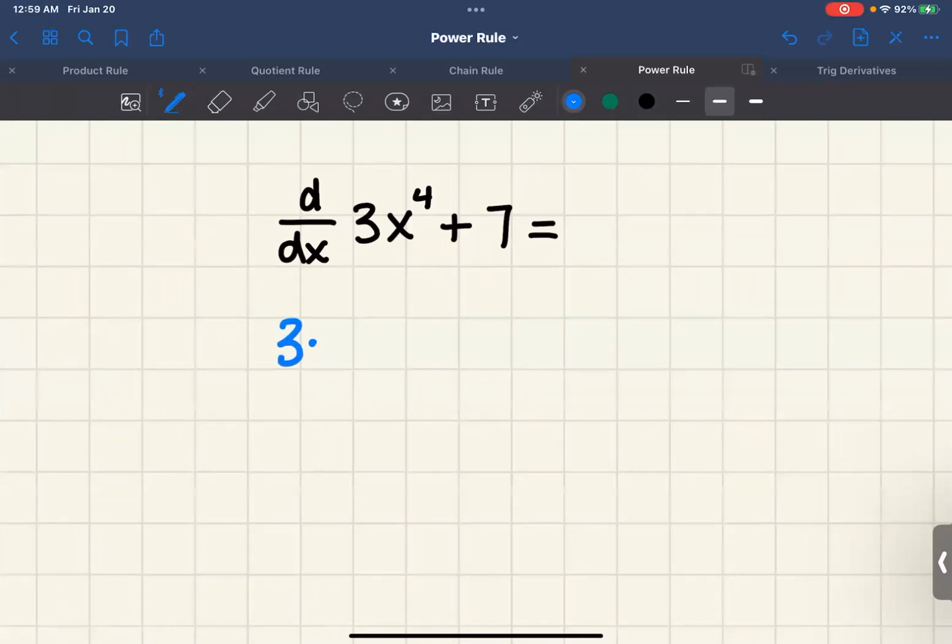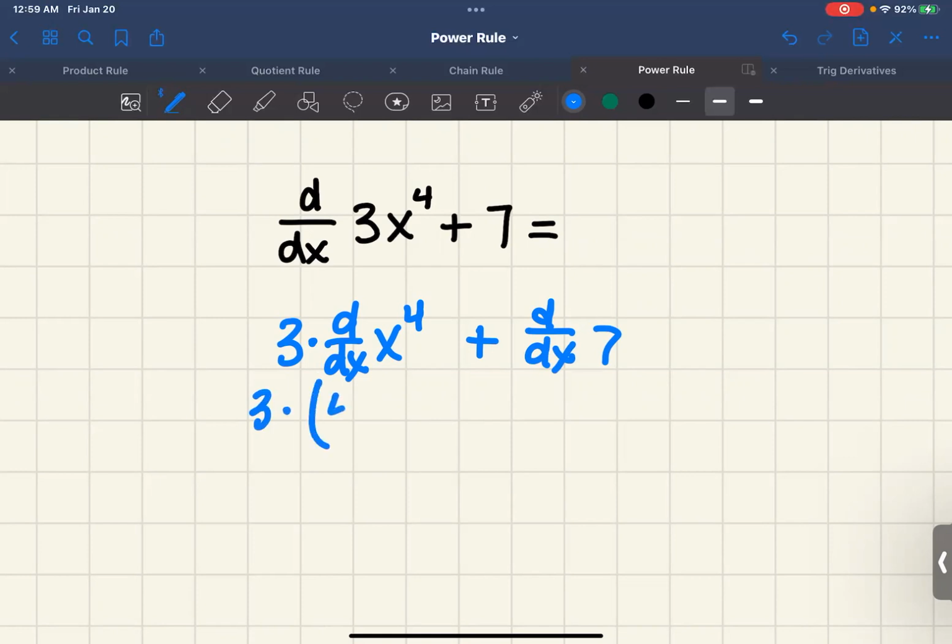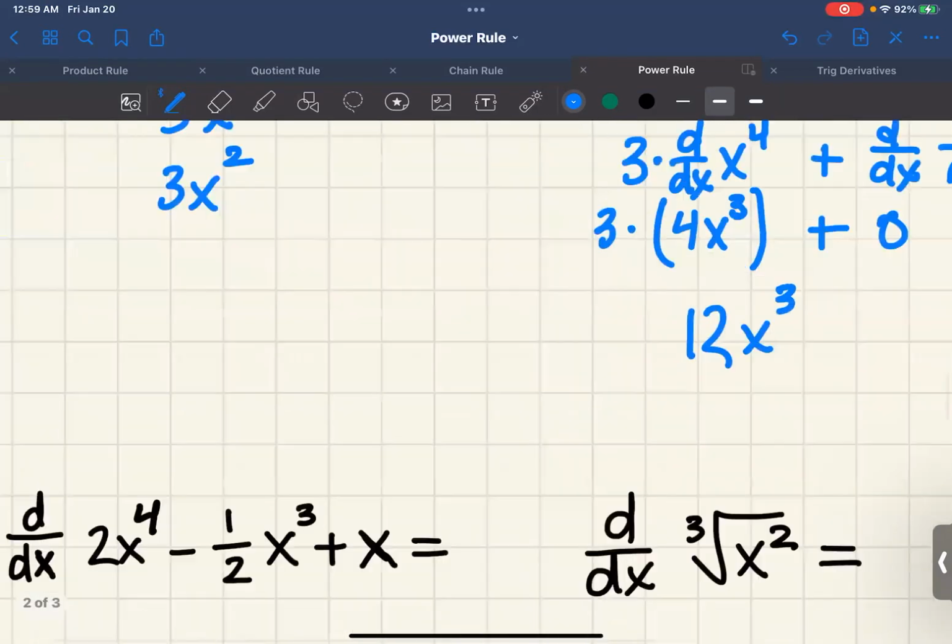So we can do 3 times the derivative of x to the fourth plus the derivative of 7. So we have 3 times the derivative of x to the fourth is going to be, bring the 4 out in front, x, and then 4 minus 1, 3. And then the derivative of any constant is just going to be 0. So we have 12x cubed as our answer for that one.